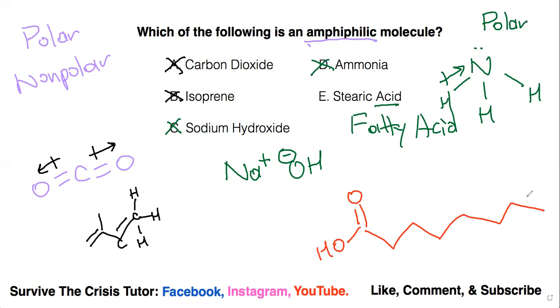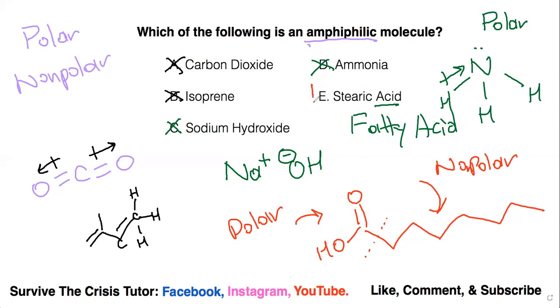And as you might be able to pretty quickly recognize, we have here on this side a very polar functional group, carboxylic acid, very polar, and a very non-polar hydrocarbon tail, right? Non-polar. So this is what we're looking for, right?